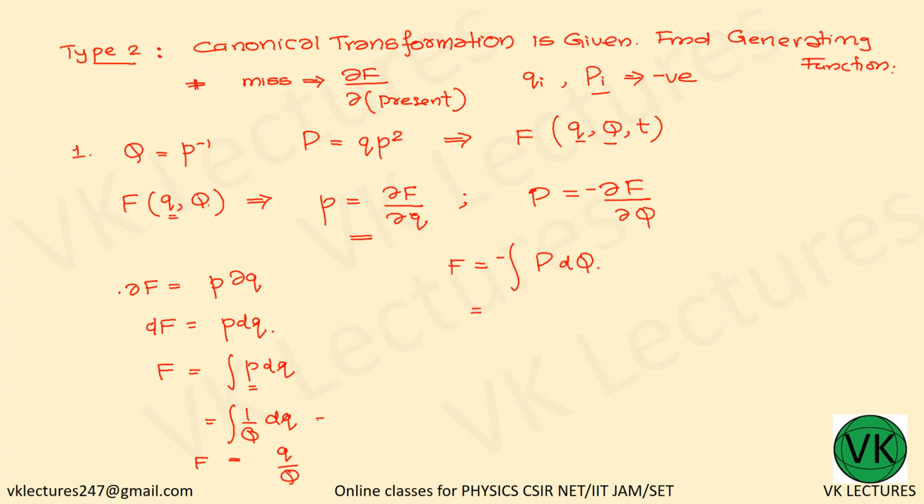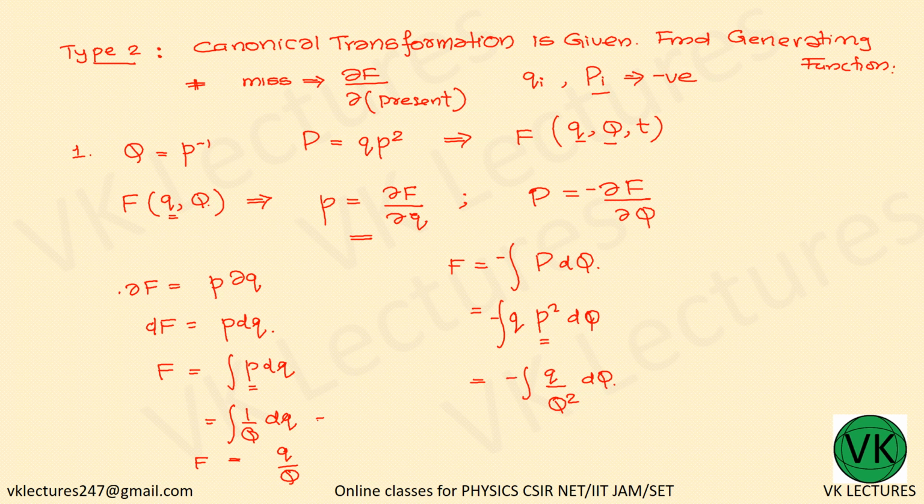So P is q p squared dq, and what is this p squared? p squared is 1 by Q squared, so that gives us minus integral q divided by Q squared dq, with a minus sign.